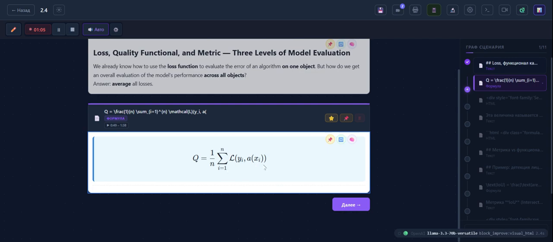And what we have to do with that, we have to sum all of our objects together to sum their errors. Whatever we got, the whole errors, and then we have to divide the result by the number of objects that we had in our data set. Basically, this is the formula and how we calculate average for all losses.